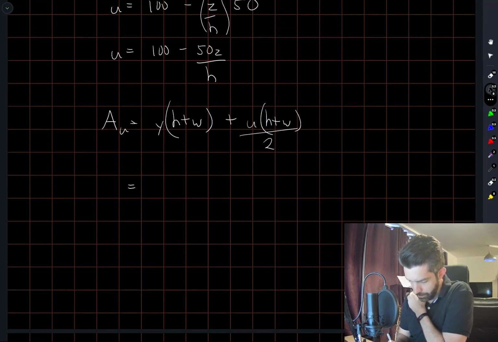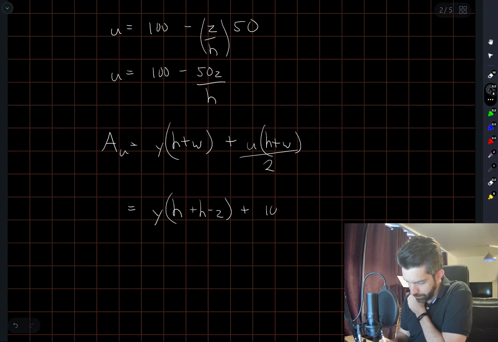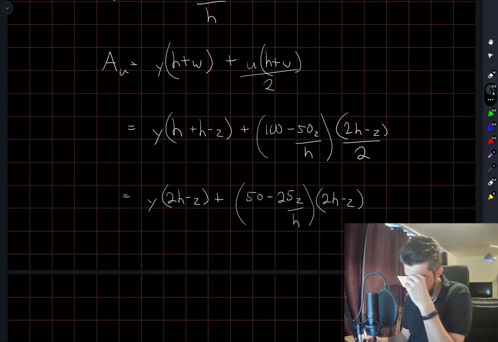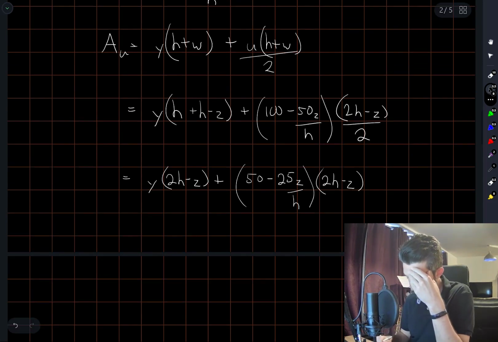Y times h plus w is equal to 2h minus z, and u is equal to 100 minus 50z over h, all over 2. Okay, so that's the area above the yellow line.